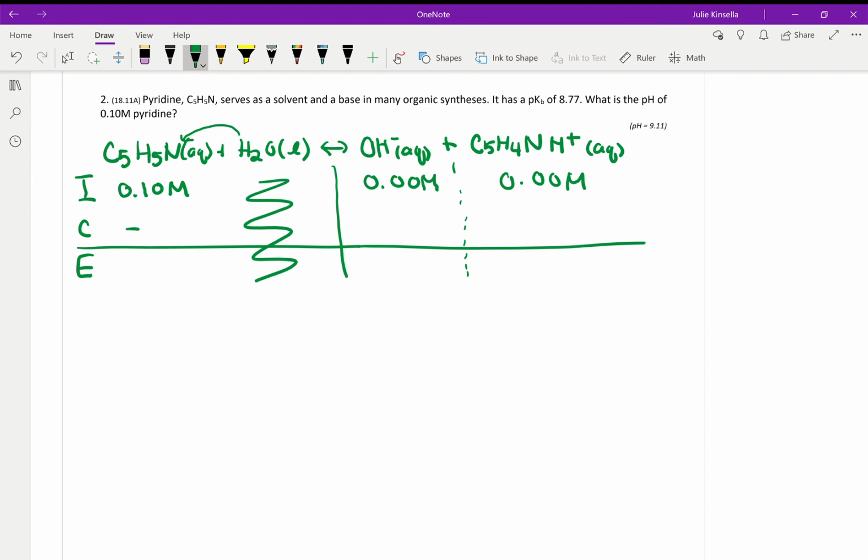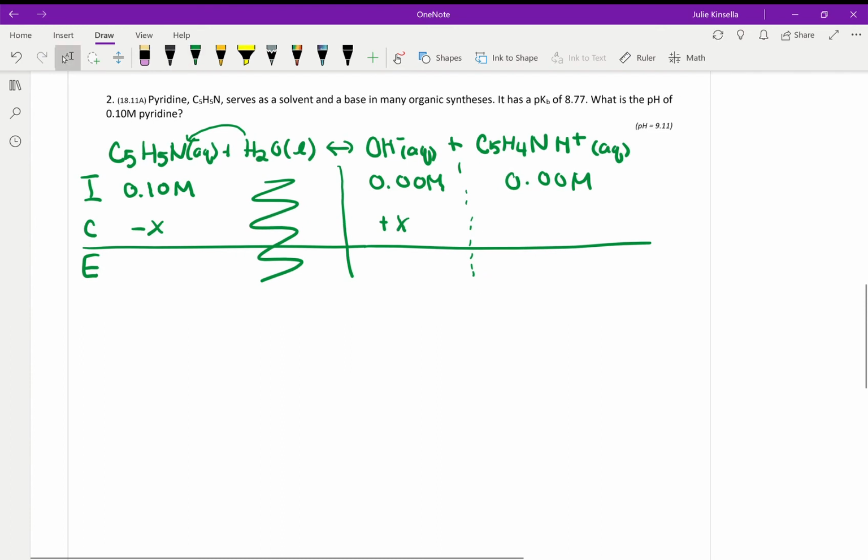So then we can go ahead, based on our balanced equation and the fact that it's going to proceed to the right, we can set up our change in concentrations and then express them in terms of what they will be at equilibrium. Okay, and then as you recall from the last one, this is where we're going to need our Kb value.